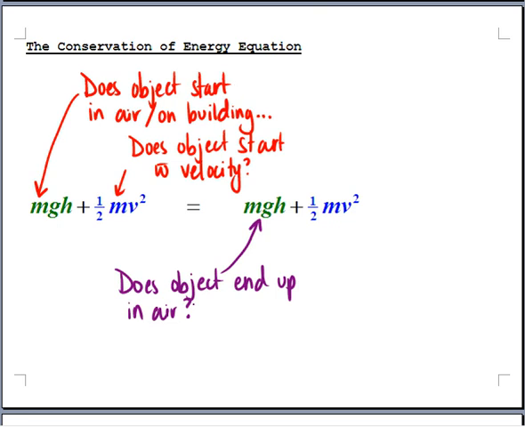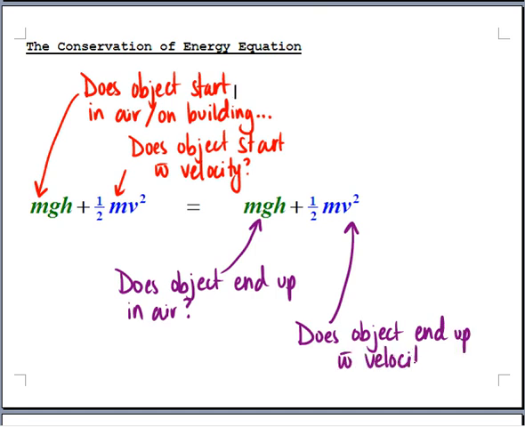Have you given it potential energy at the end? Is it up in the air? And then the 1/2 mv squared, not does the object start with velocity, but does the object end up with some velocity? Is it moving at the end of the event? Like when Joe dropped the ball. It was moving just before it hit the ground. We said, hey, it's got some kinetic energy.